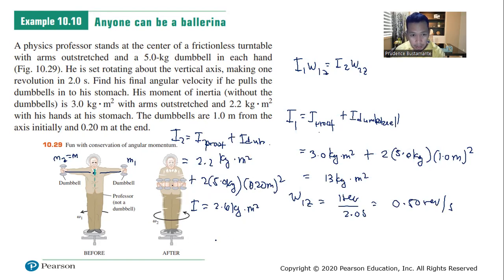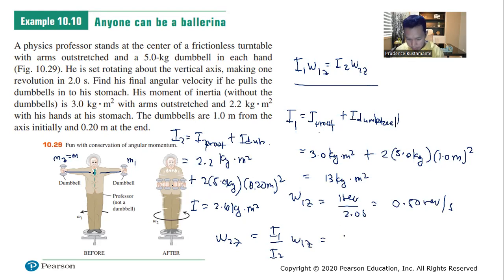So omega 2z, from this equation, is equal to I1 over I2 times omega 1z.